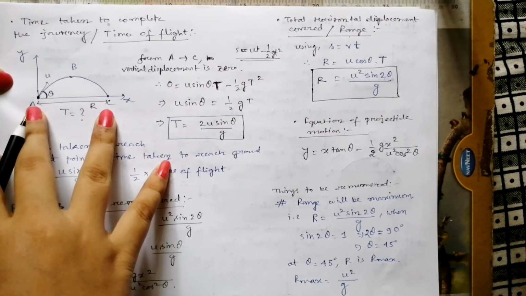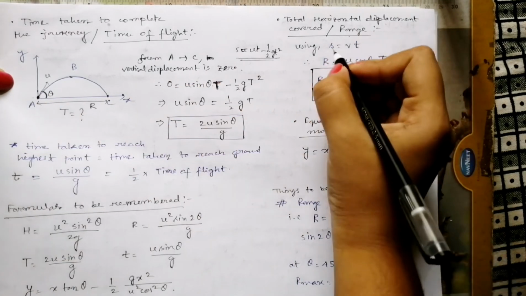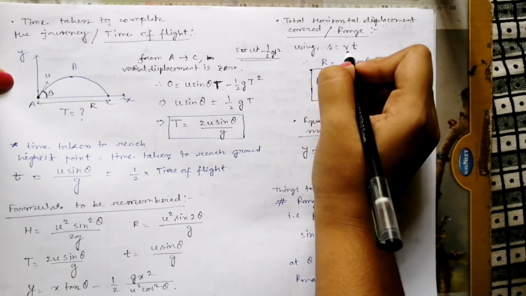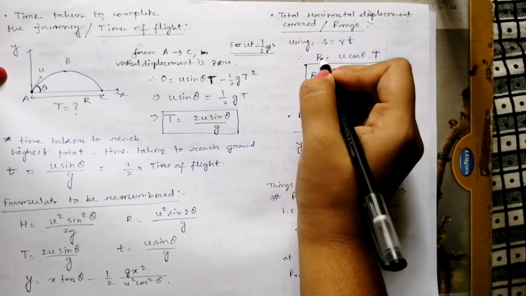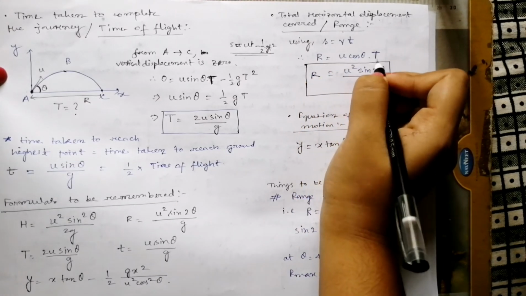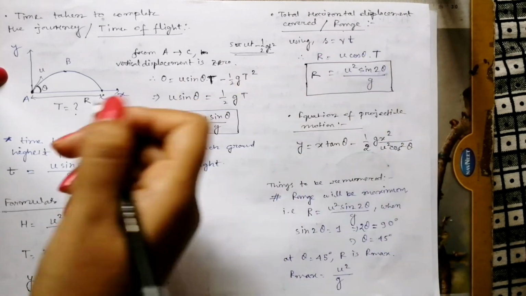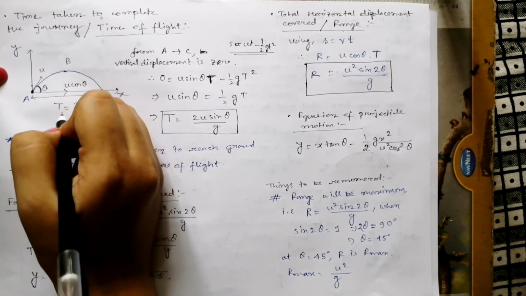s is equal to vt, where s is the distance covered by the particle, v is the constant velocity, and t is the time. So I can say that r is equal to u cos theta into t. Why have I used this u cos theta? Because along this direction the initial velocity was u cos theta.